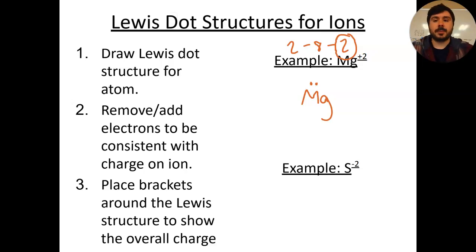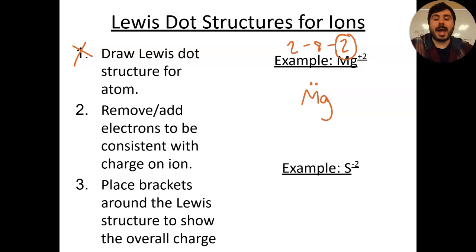Now, we want to convert this to be a Lewis structure for an ion. Step number 1 asks us to just draw the Lewis dot structure for an atom, which we just did. These next 2 steps, step 2 and step 3, should look pretty familiar to what we did in class the other day, talking about doing a Bohr model for an ion.